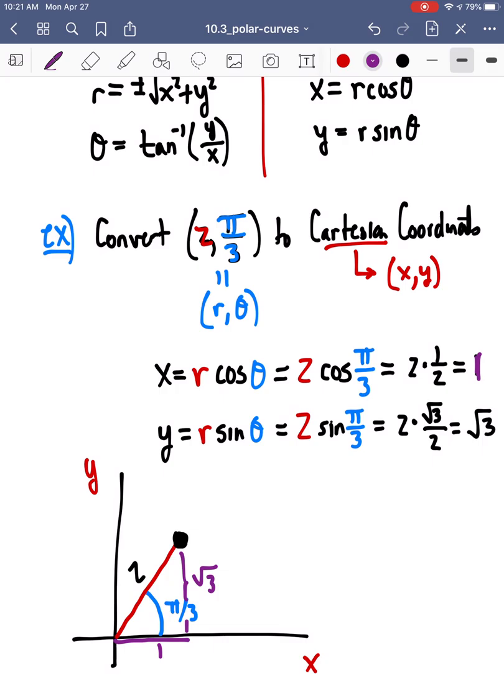And the other subtle thing that we haven't explicitly mentioned so far is that polar points and polar curves, for that matter, live on the xy plane.